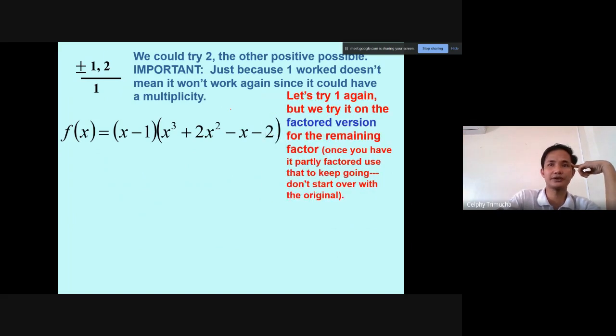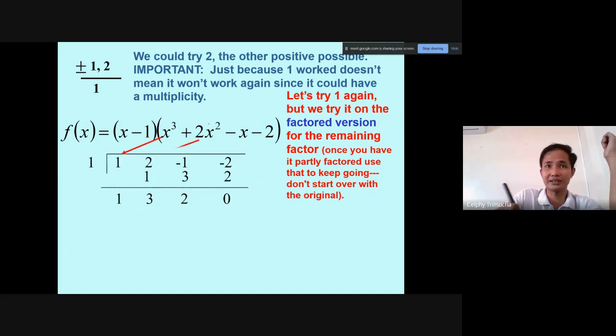So we have to try. Let's try 1 again. Basi pwede pa lang. So by factored version, diri na lang ta ma-start by 1, 2, negative 1, negative 2. So try ta siya.